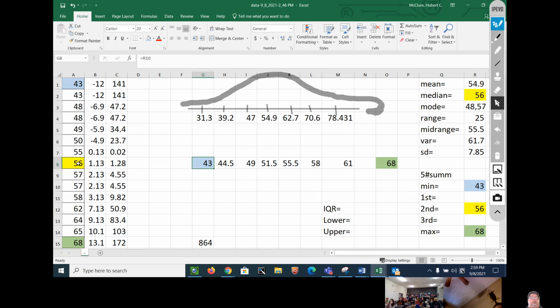Let's go ahead now. How many numbers are above the 56? 1, 2, 3, 4, 5, 6, 7. So you just pick the middle number, and that is your median, which is your first quartile.